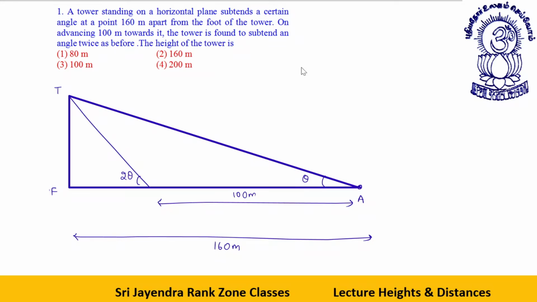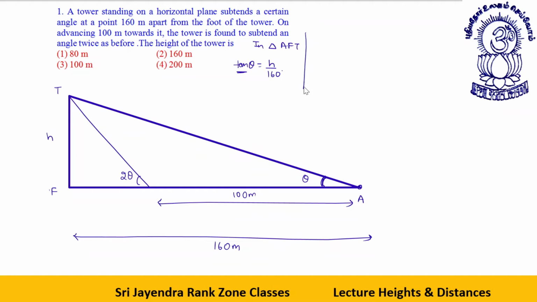Look, the question is a little bit lengthy. First of all, what is tan theta? This angle is theta. Tan theta is perpendicular upon base. This is the perpendicular height h upon 160. So tan theta is basically h upon 160, in triangle AFT.